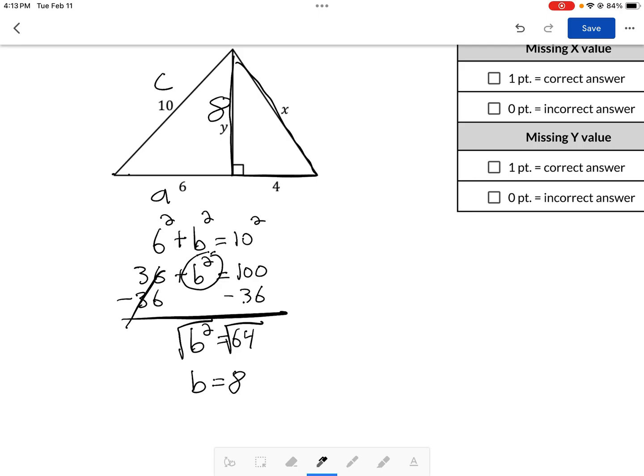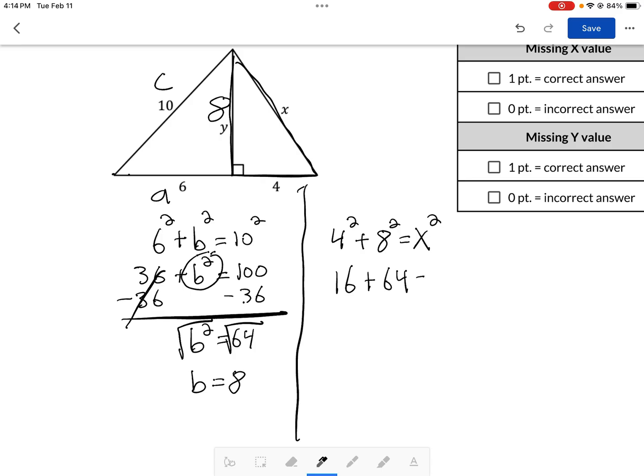So I'm going to use that to find the measure of this triangle. So now I'm going to do 4 squared. I'm going to draw a line here to separate it. 4 squared plus 8 squared equals x squared. 16 plus 64 equals x squared. I know that 16 plus 64 is 80.